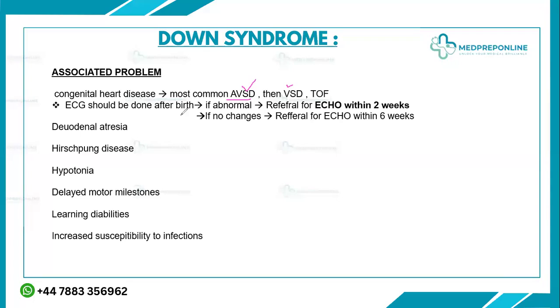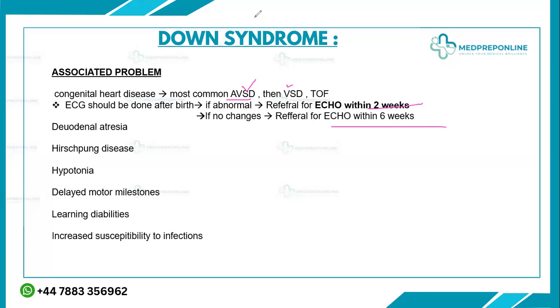If there are no ECG changes, refer for echo within 6 weeks. So it depends on whether there is any urgency or not. This was written in one of the NHS guidelines which I went through.